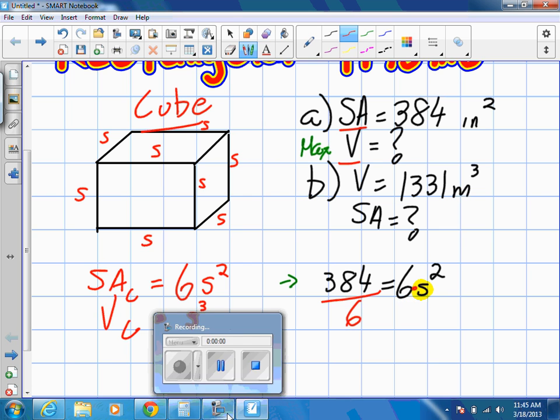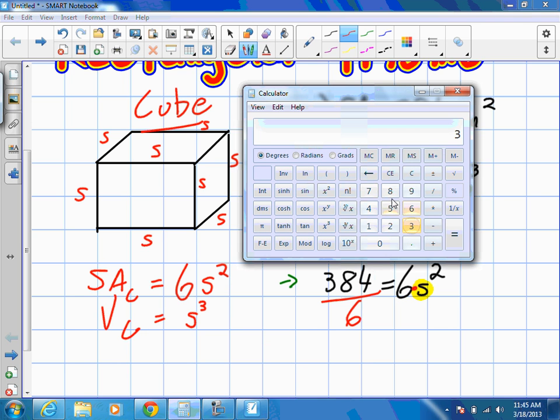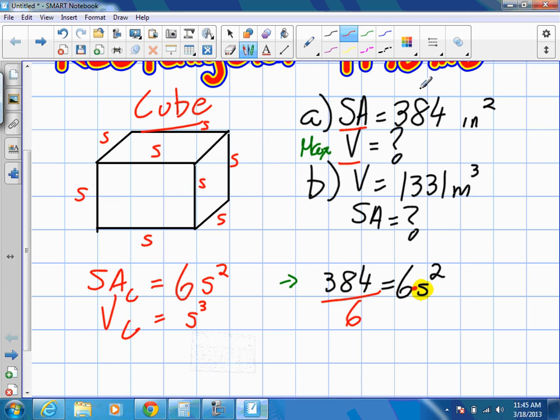I'm going to work backwards, exactly. So we take that 384, we divide it by 6, and we get 64. So 64 is equal to s squared. Now, what would be the opposite operation of squared? Square root.